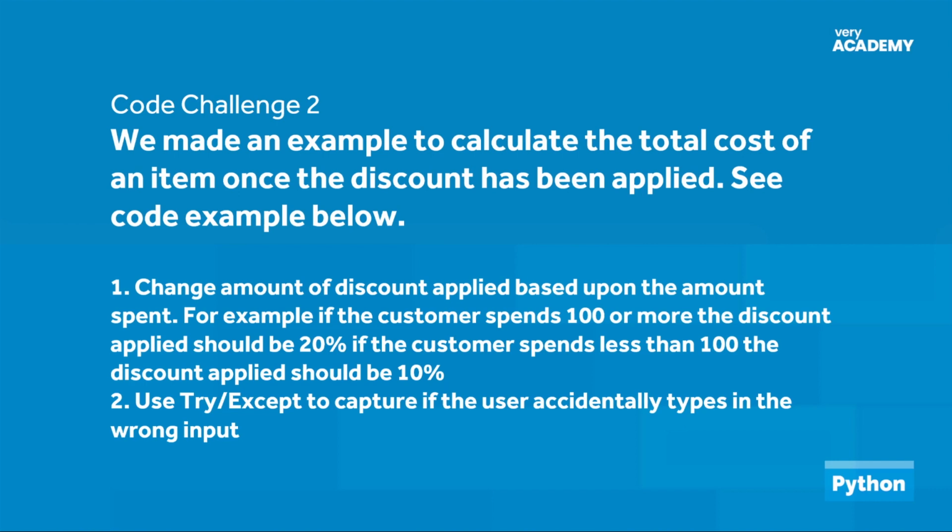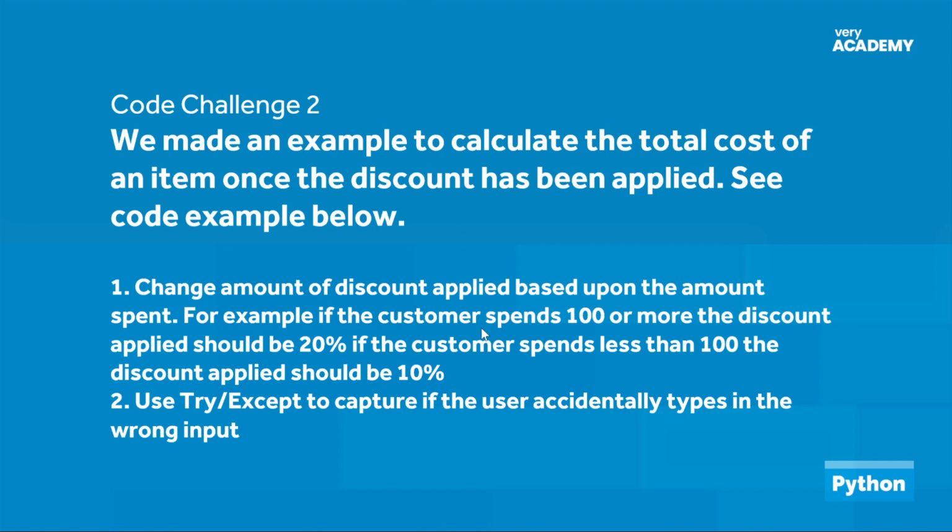What I'd like you to do is take that code from the example, and change the amount of discount applied based upon the amount spent. So for example, if the customer spends 100, then a discount of 20% should be applied. If the customer spends less than 100, they would receive a 10% discount.